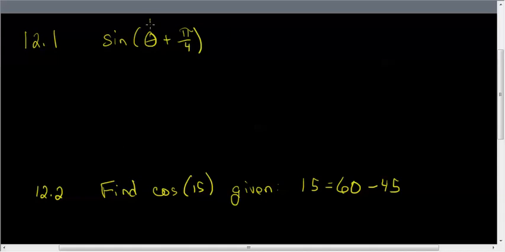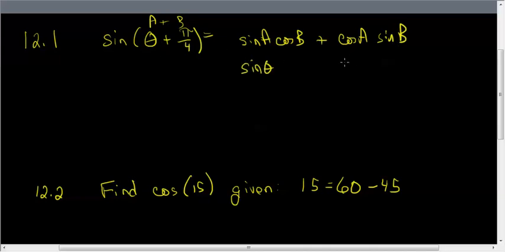Well, that's an A plus B. So that would be sine A cosine B plus cosine A sine B, but A is theta, so this is sine theta times cosine of B plus cosine theta times sine of B. And B is pi over 4. Very quickly, replace pi with 180 and you get 45 degrees. So cosine 45 plus sine 45.